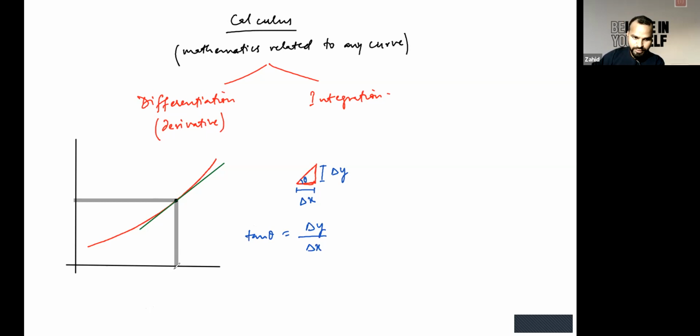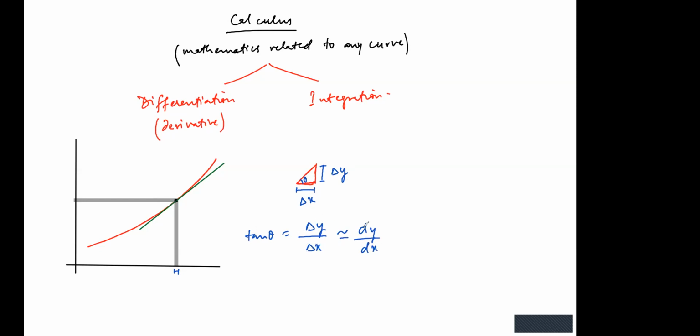It means the width of this strip is so small that it tends to a point. So when delta y and delta x tend to zero, they are termed dy and dx. Is it clear to you how this change transforms to dy by dx?